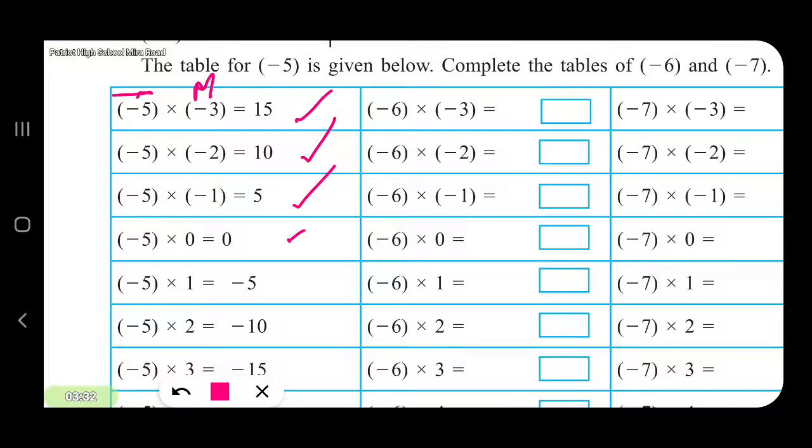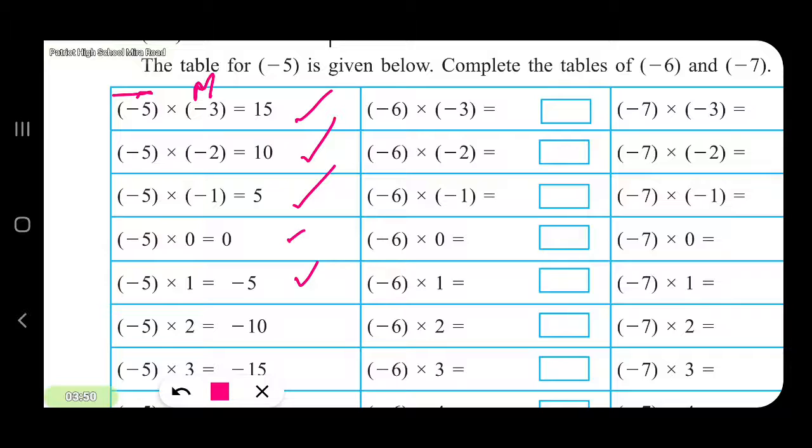Now here we are increasing the multiplier. From minus 3 we have gone to minus 2, to minus 1, to 0. From 0 we are going to plus 1. But here the product is decreasing now.